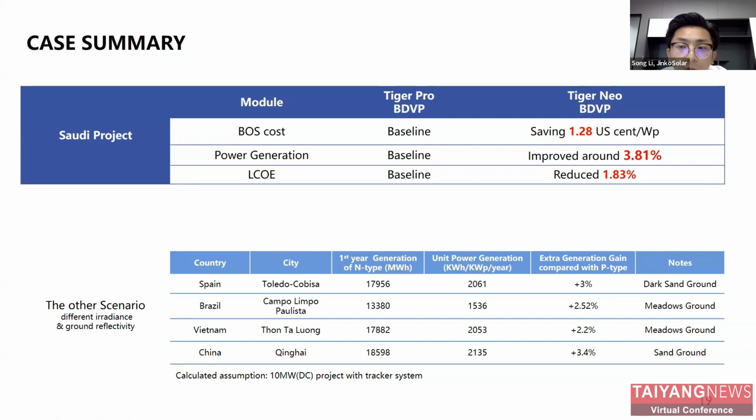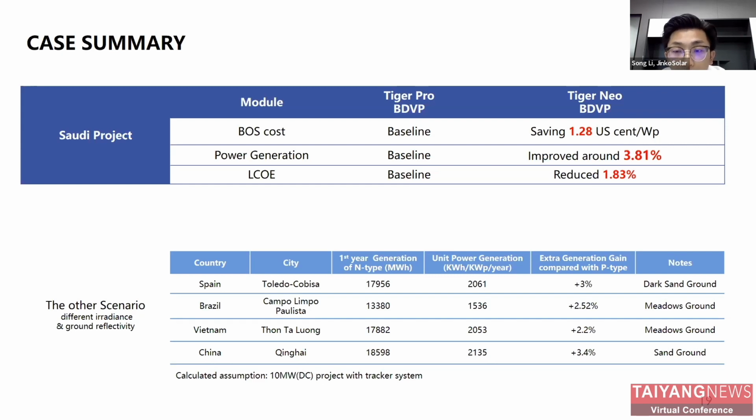So for Saudi, it was with sandy ground and higher temperature. What about the other scenarios? I give some examples. Both of these calculations assume a 10 megawatt project with the tracker system. The comparison is between the P-type and N-type mentioned before, with different irradiance and ground reflectivity. For the first one, Spain, with dark ground, the extra generation gain of the N-type modules can arrive at 3%.